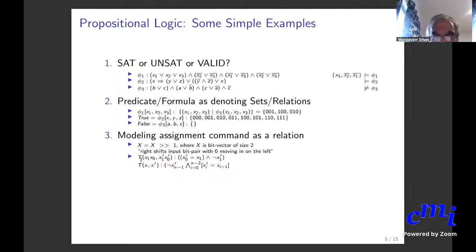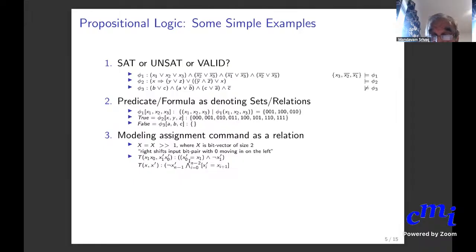Here I'm defining it using, once again, a predicate which has four variables: x1 and x naught, denoting the values prior to the assignment, and the primed variables x1 prime and x naught prime as the post variables.